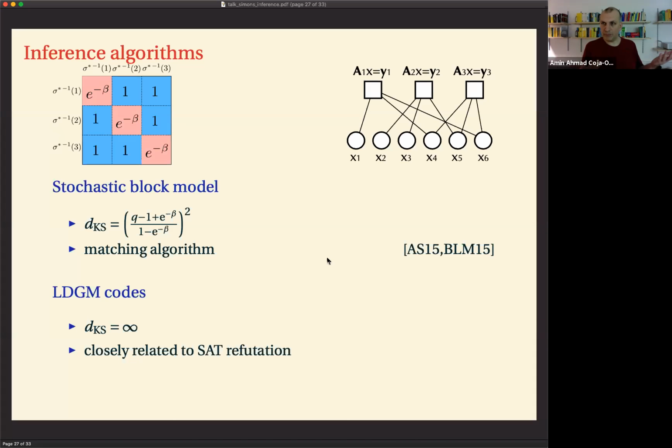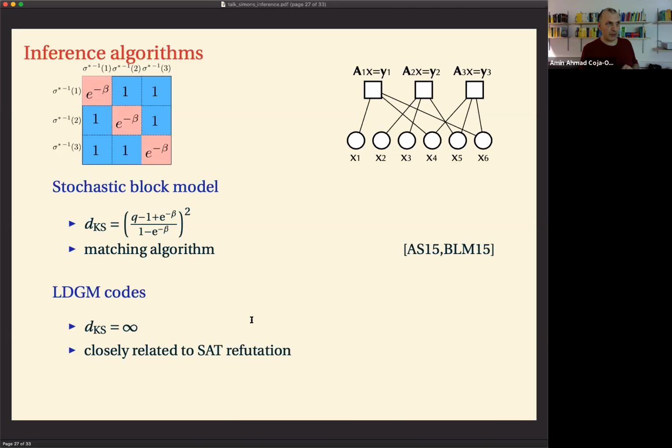In fact, if we specialize this to the stochastic block model, what we see is, by design, the original Kesten-Stigum bound, and there are matching algorithms for this by Abbe and Sandon, even though we don't at this point know rigorously how belief propagation will perform. If you look at LDGM codes, it turns out that in that case, this generalized Kesten-Stigum bound would be infinity.